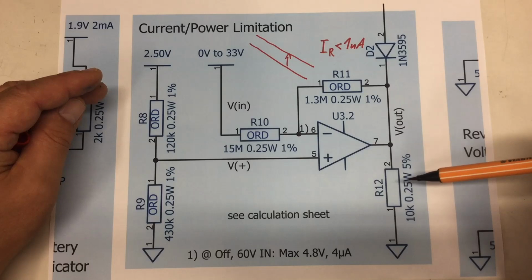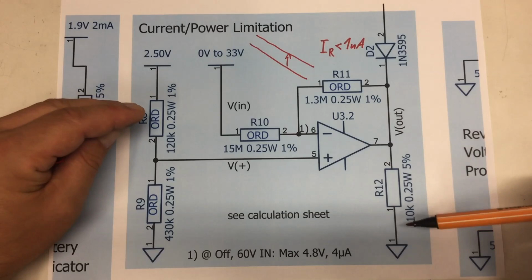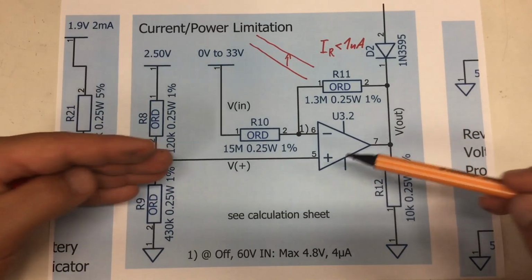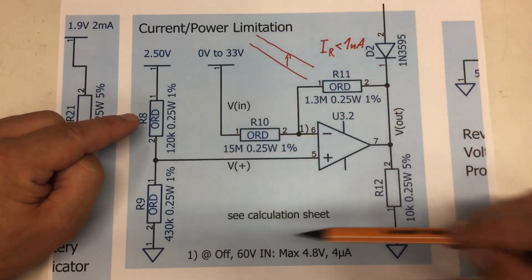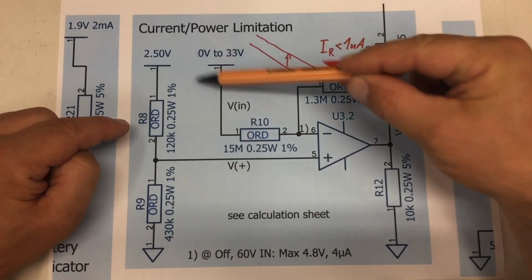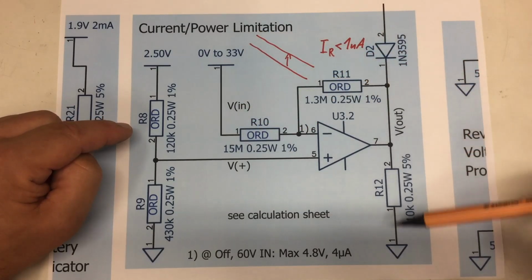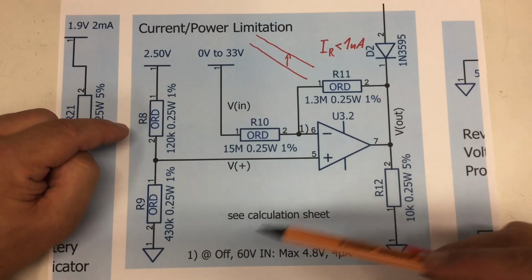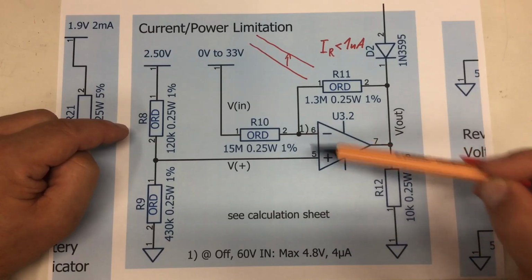Something else notable here: I have a 10K resistor to ground. That basically has no function in normal operation. However, if you switch the load off and you still have an input voltage here, you have a kind of voltage divider going down to ground that will, for 60 volt input voltage, limit the whole thing to a maximum of 4.8 volts.